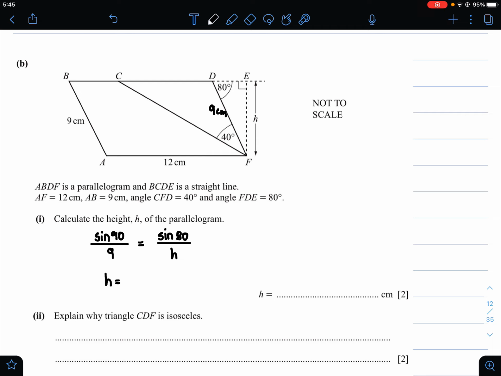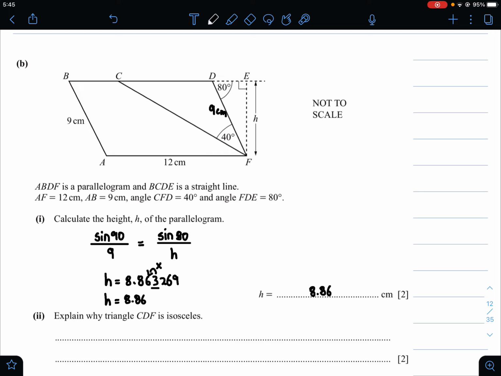So sine 80 divided by 1 by 9 will give you the answer 8.863269, and you can round this off to three significant figures as 8.86, because the fourth significant figure, which is 3, is less than 5, so it won't round off the 6 to the next number. Therefore 8.86 centimeters will be your final answer for part B1.